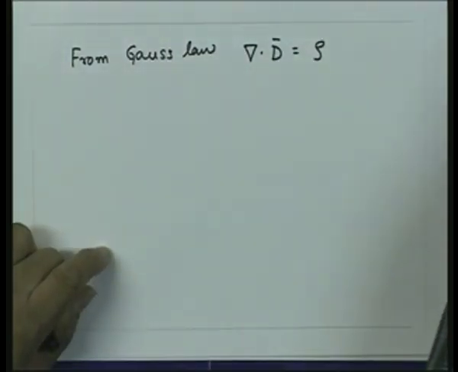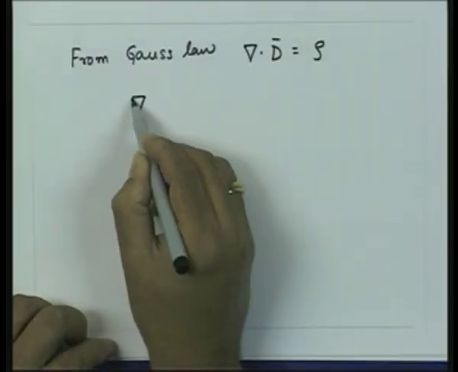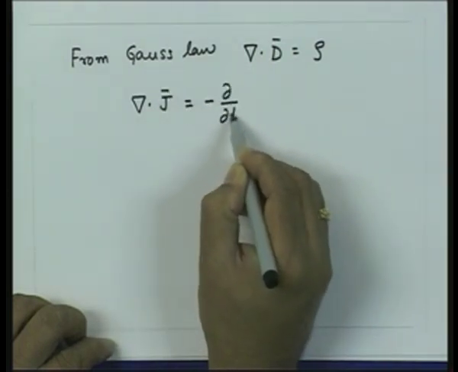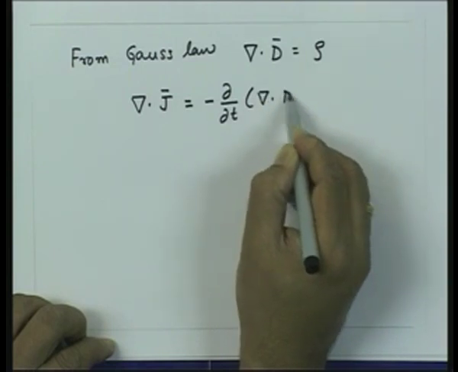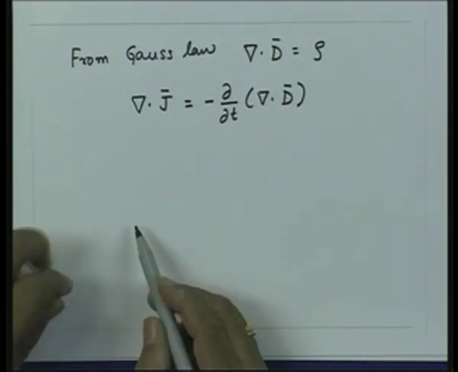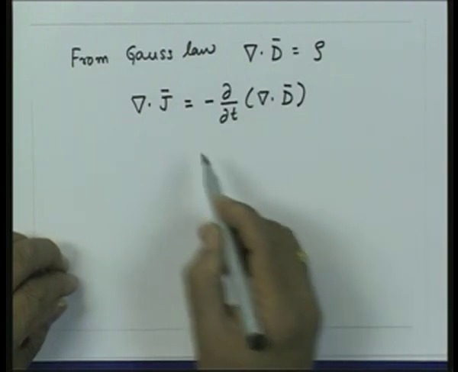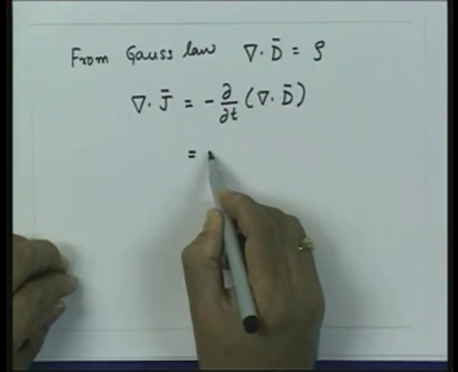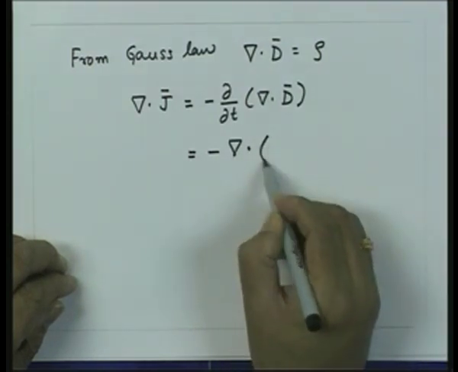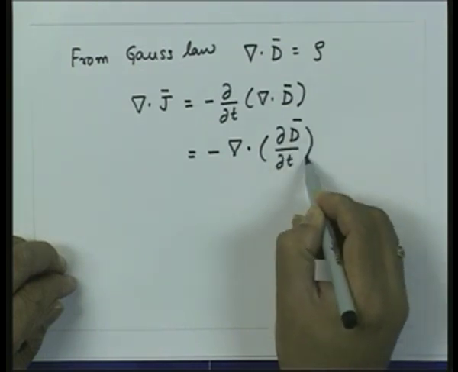So, I can substitute for rho in this equation. So, I get del dot J is equal to minus d by dt of del dot D. Interchanging the space operator and time operator, this will be minus del dot dD by dt.